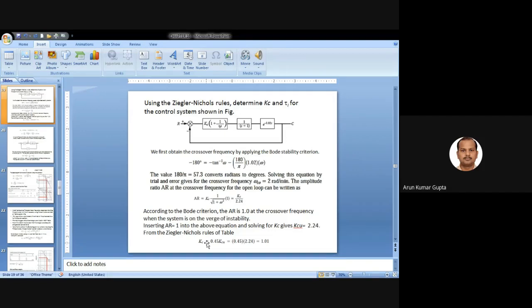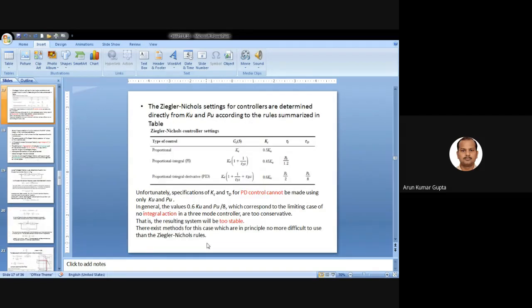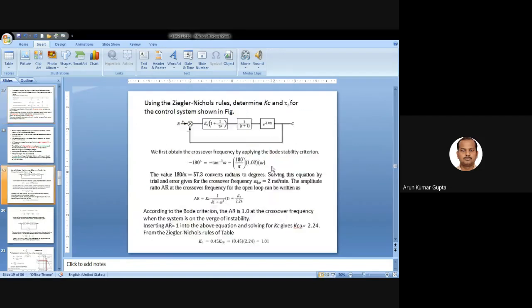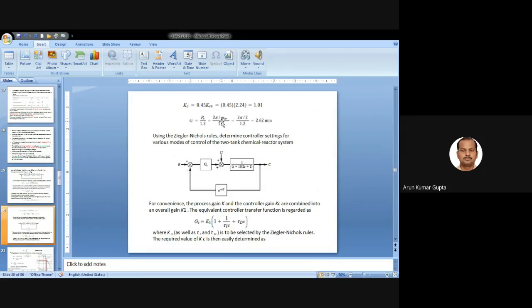From the table, you can see for PI, if Kcu is known, this is 2.24, so the Kc value is 0.45 times Kcu, right? So I multiply by 0.45 times Kcu, and that comes out to 1.01. So from this calculation we get some initial guess about Kc, that is 1.01, right?